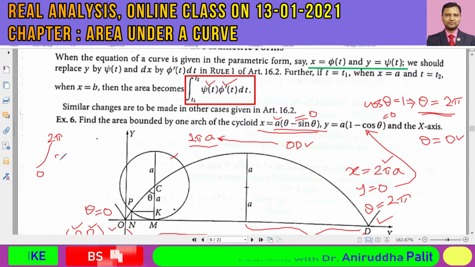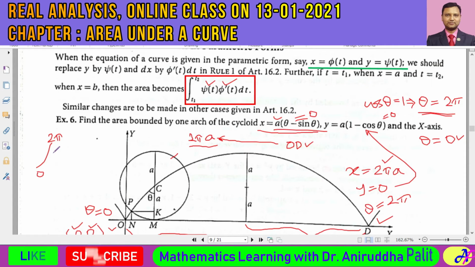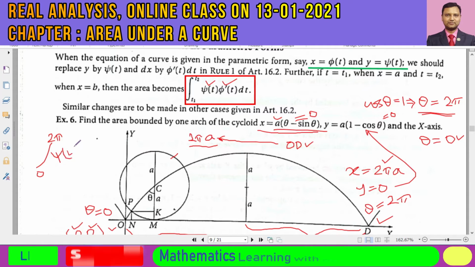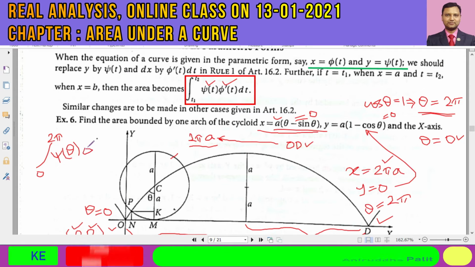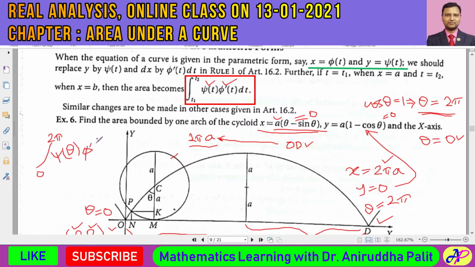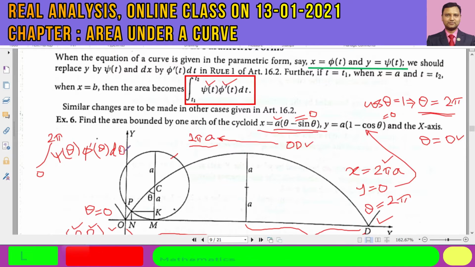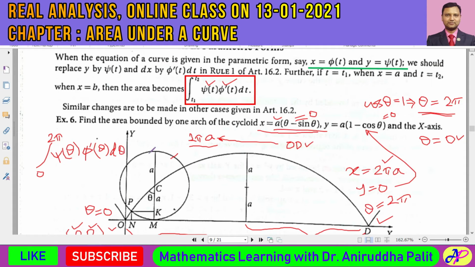Therefore, we should have this kind of expression, psi of theta into phi dash theta into d theta. Got it? So in this way we can integrate.